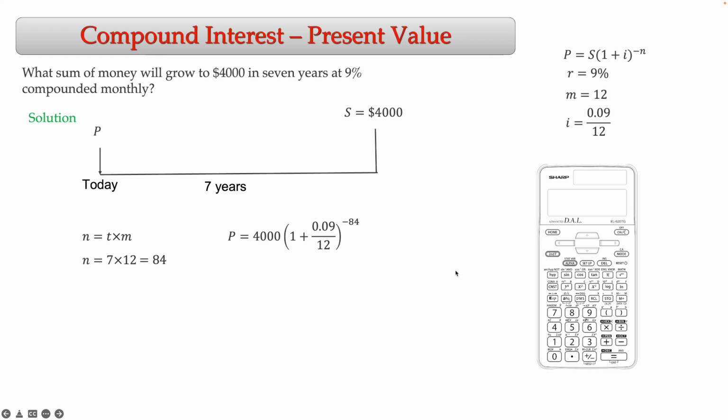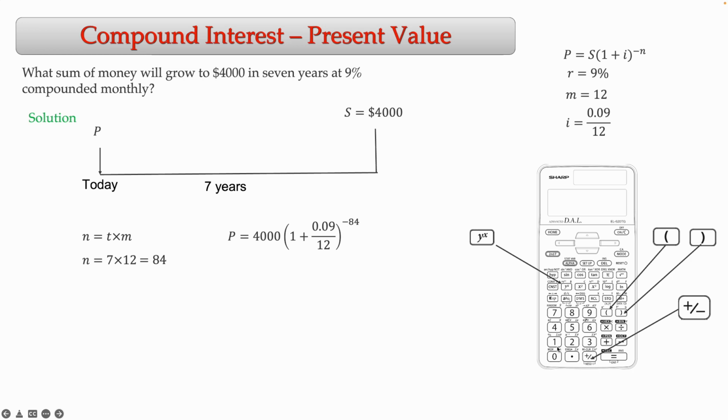For this, I will be using the exponent key, y to the x. We are also going to use the bracket keys that appear in the formula, and the plus-minus key that changes the sign of a number. Because this number is negative 84, I need to use it if I want to type 84 negative.